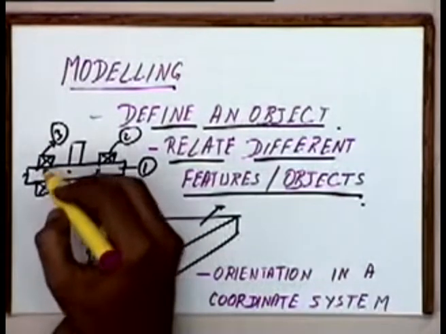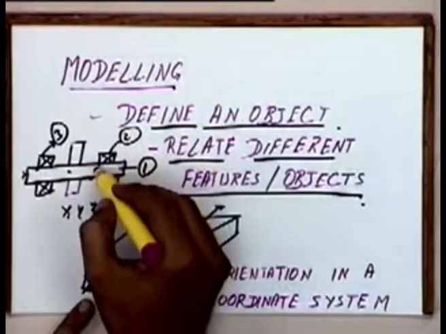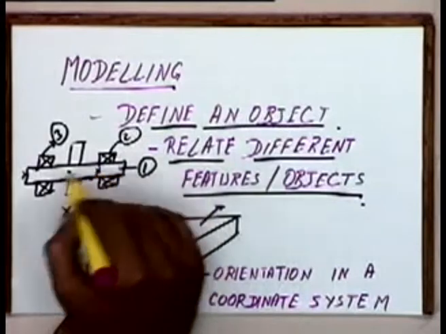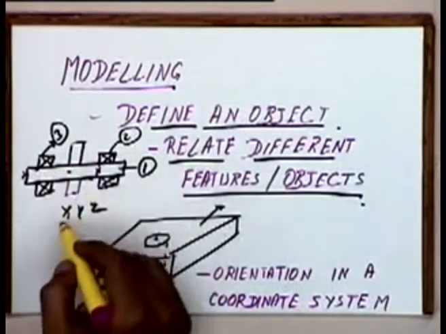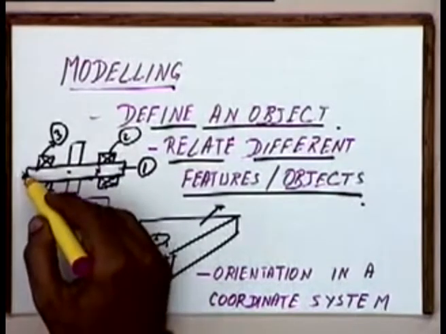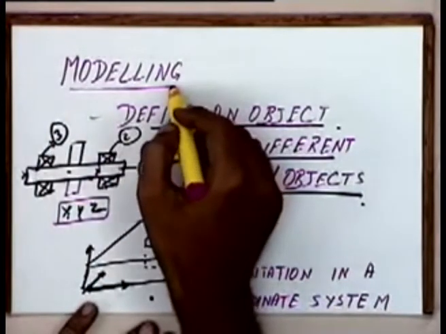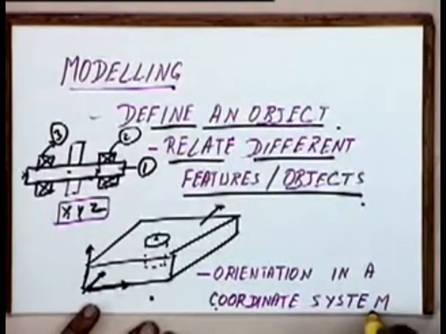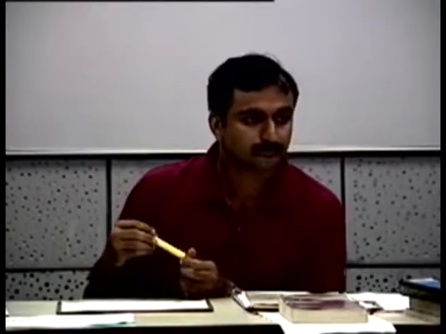We define a coordinate system that, let us say, this is the origin for the shaft, this is the origin for the bearing, and this origin is at a location xyz with respect to this origin. All that is with respect to a particular coordinate system. So whenever we are talking of modeling, we are doing that with respect to a particular coordinate system. We have to define a coordinate system and give all our dimensions with respect to that system.